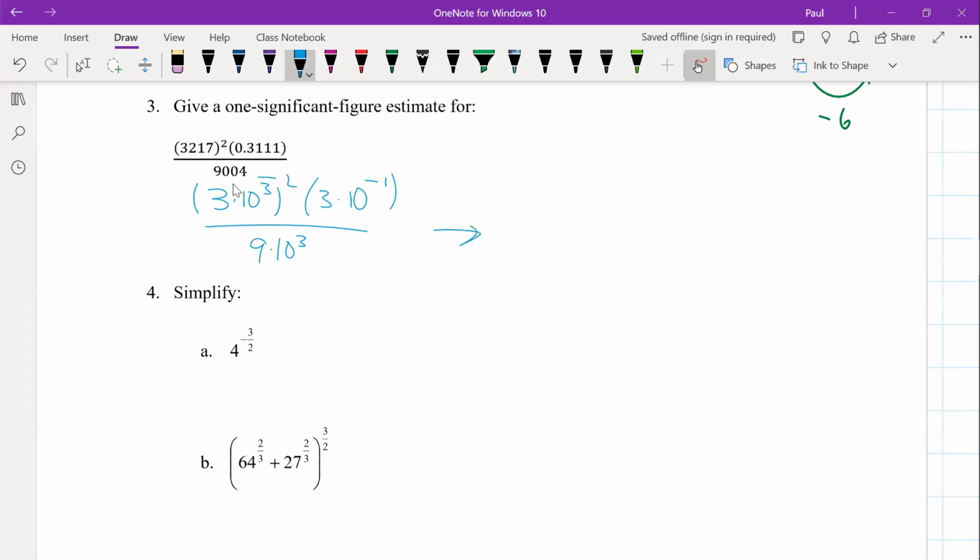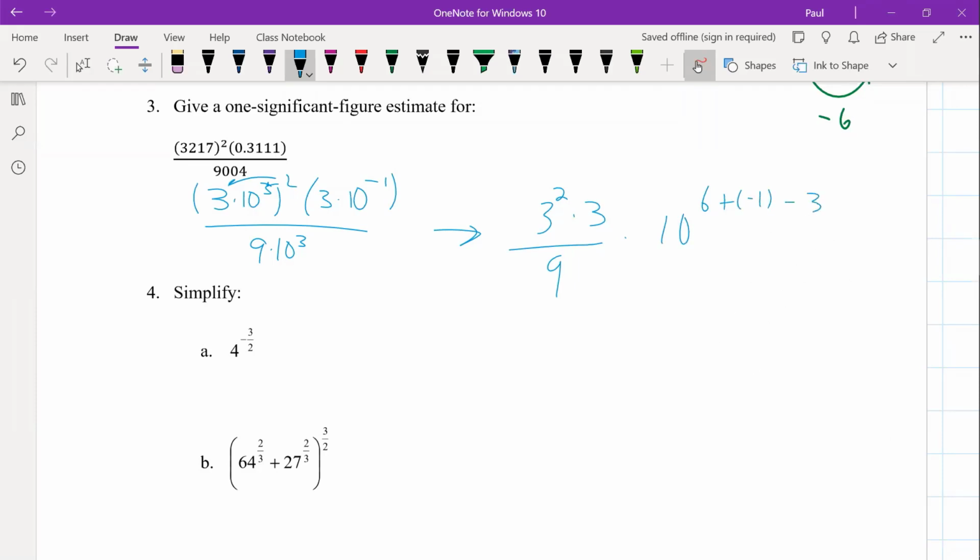Don't forget, everything has to get squared here. So what's your coefficient? 3 squared is 9, yep. 9 multiplied 10 to the 6, times 10 to the 6. Then the one on the bottom we subtract, right?